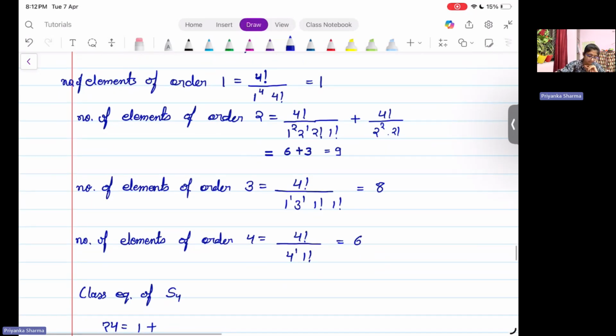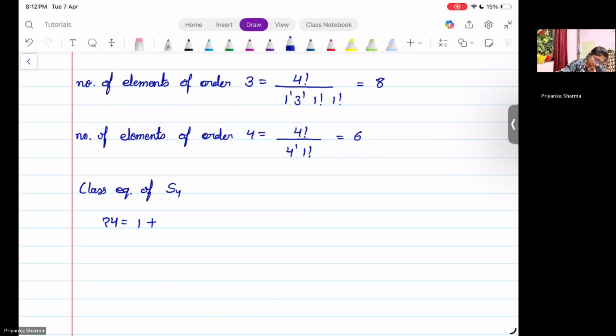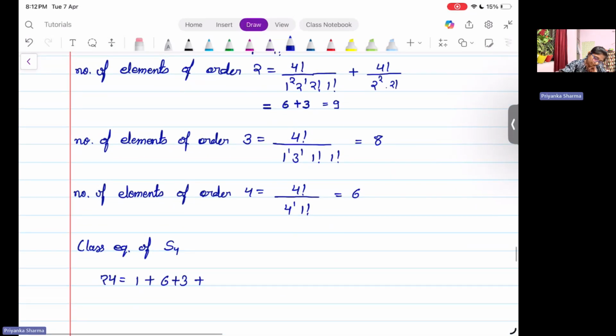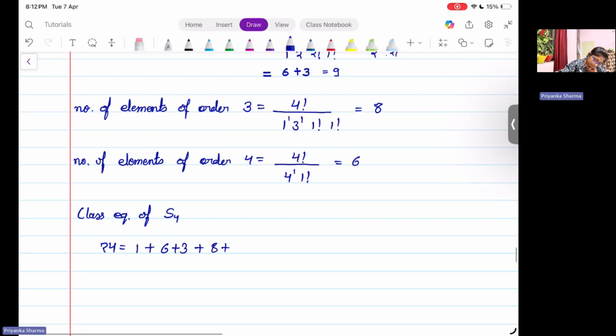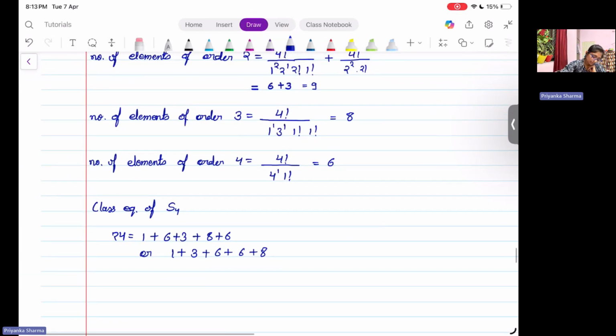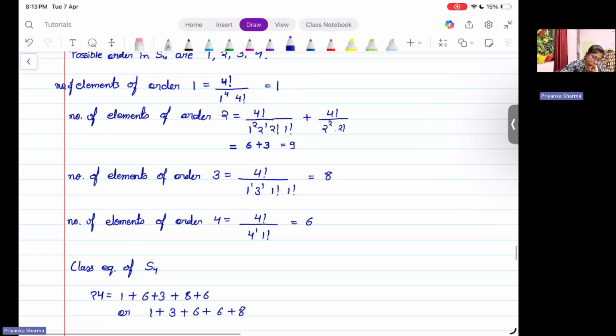So we will write 6 plus 3. Then 8 plus 6. Or like if we want to write it as 1 plus 3 plus 6 plus 6 plus 8. Okay, so this is the class equation of S4.